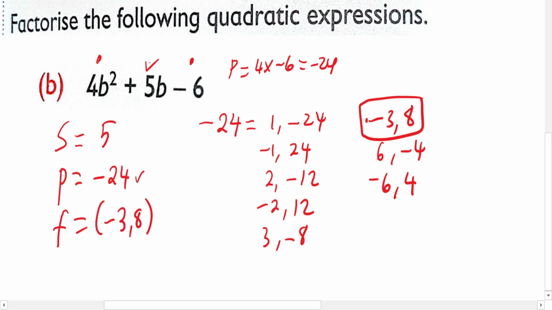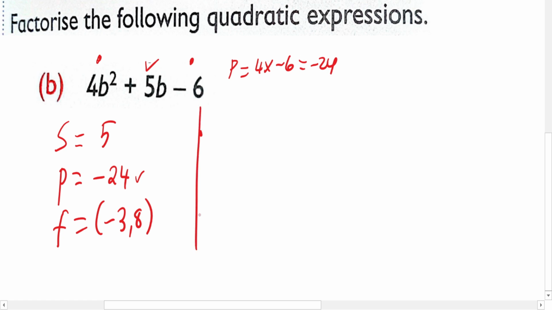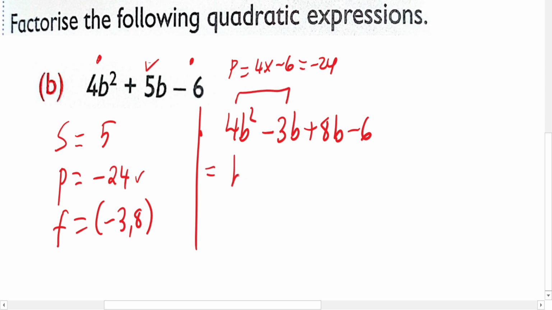So just wrap this whole thing. Our factors are -3 and 8, and therefore we write 4b squared, and the 5b is going to be subdivided into -3b plus 8b, minus 6. Now factorize this: b into bracket 4b minus 3.